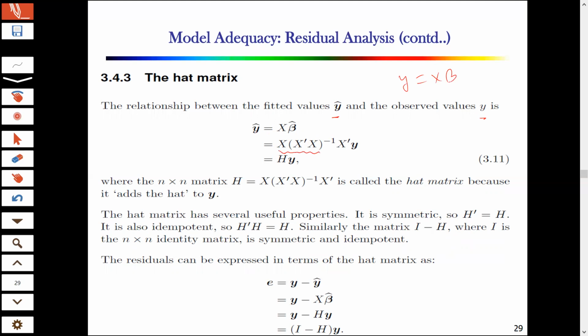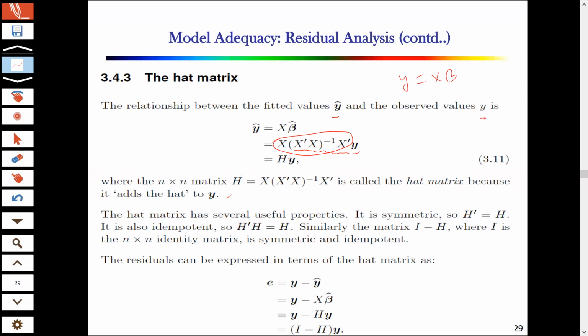This is our X, and these are the beta hat. The matrix H is called the hat matrix because it puts the hat on y.